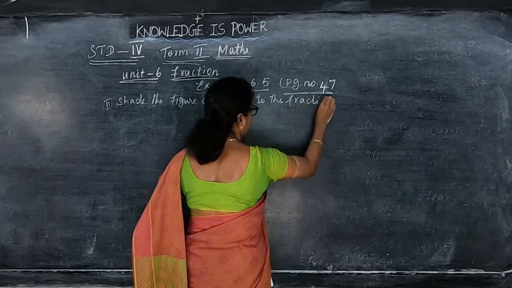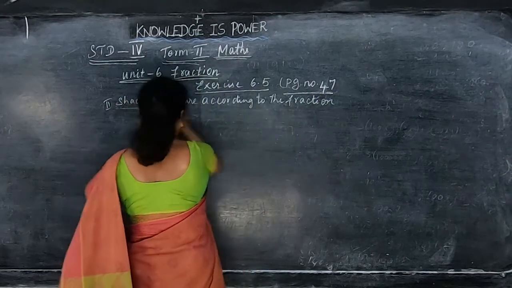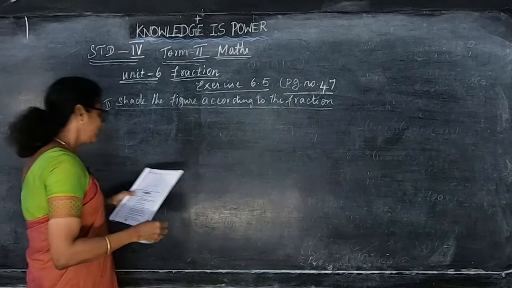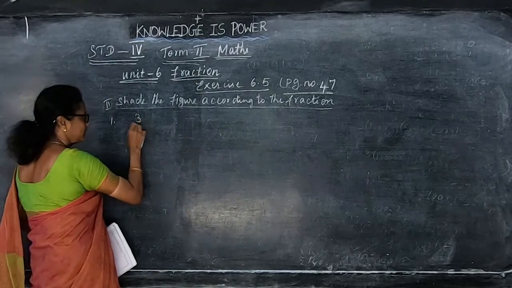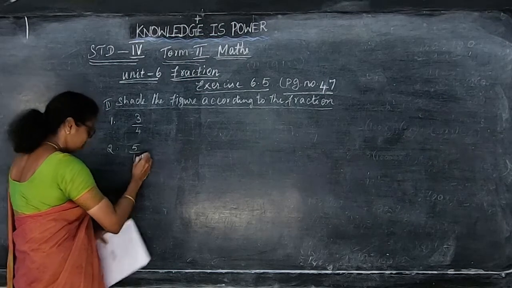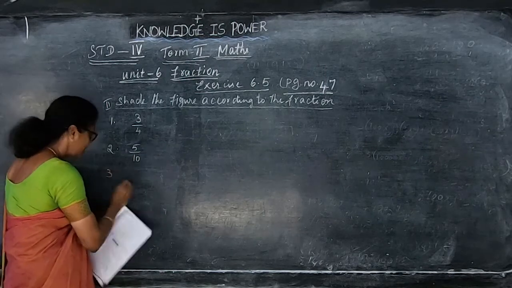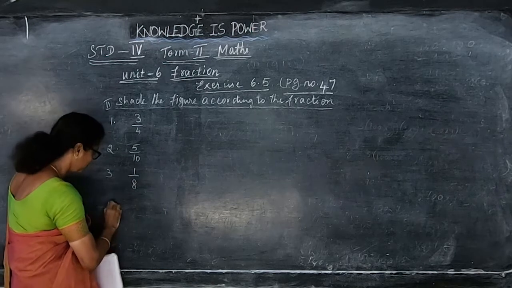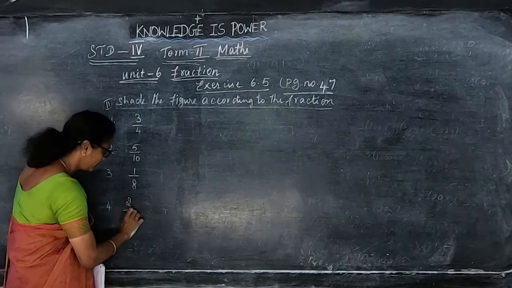So they are given the picture and the number, and you have to shade it. Here they are given first 3 by 4, second one 5 by 10, third one 1 by 8, and fourth one 2 by 6.